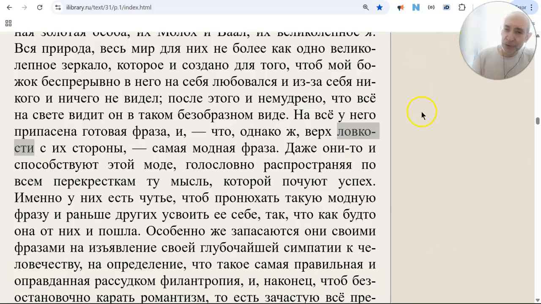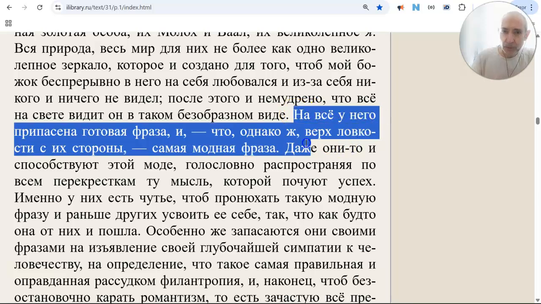Now look how it all works together. На все у него припасена готовая фраза. И что, однако ж, верх ловкости с их стороны, самая модная фраза. For everything, they have a ready phrase saved.